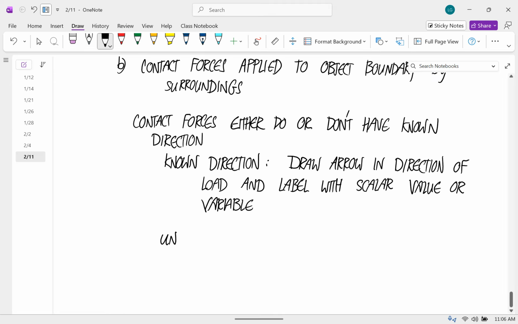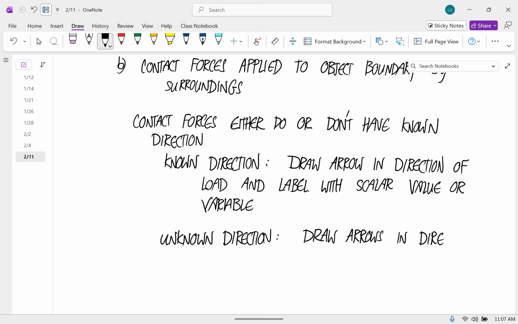And if it's an unknown direction, then draw arrows in the direction of the coordinate axes, and label that with a vector variable.